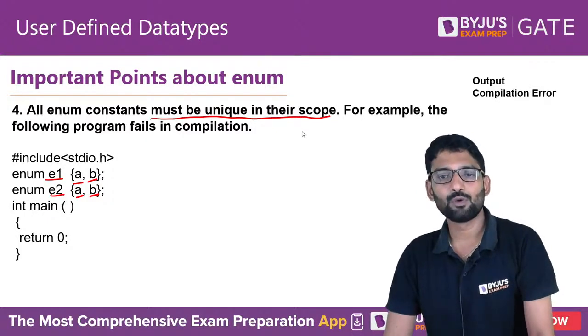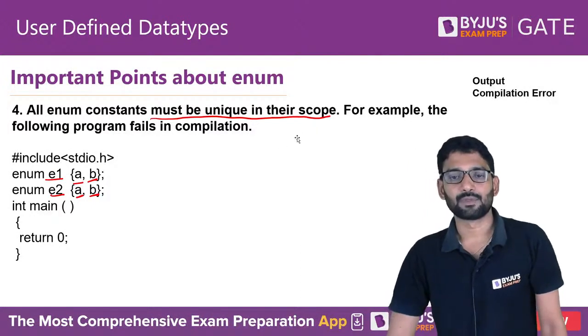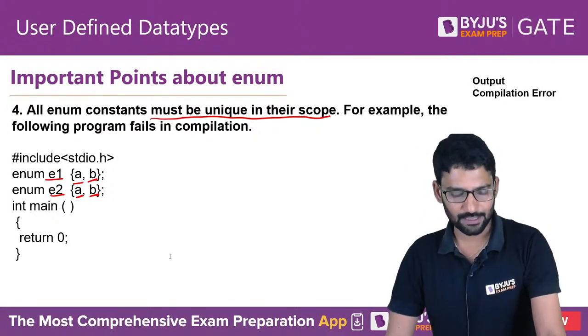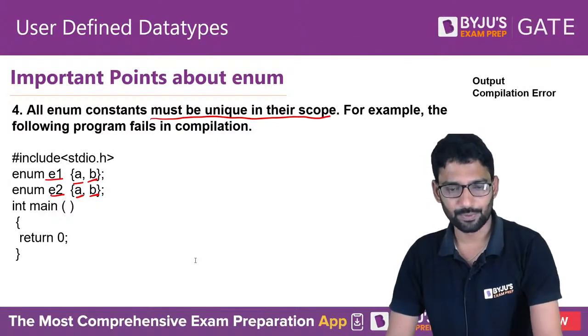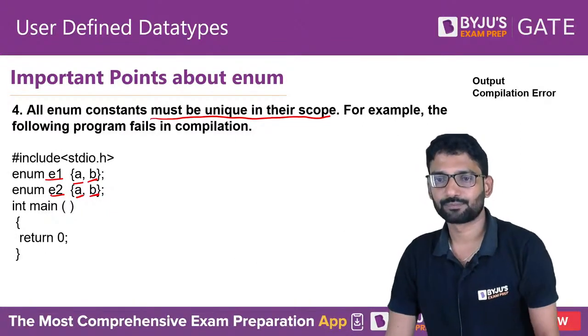So you are getting an error. So all enum constants must follow that scope rule.